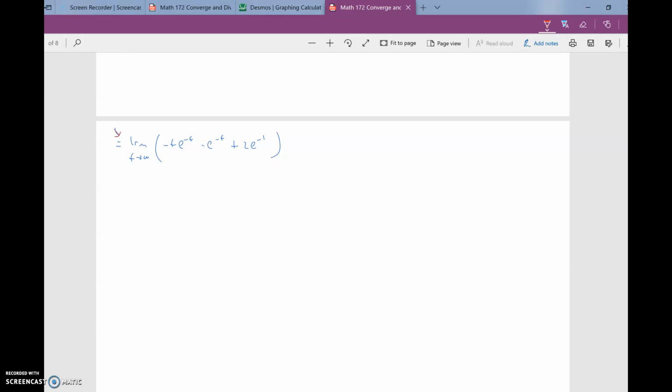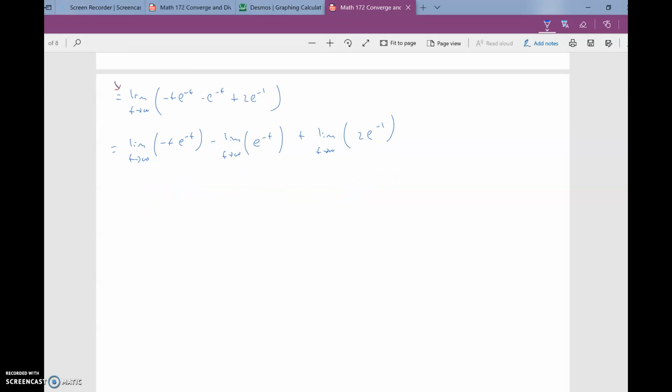So this is going to be equivalent to the actual limit as t approaches infinity of negative t e to the negative t, and then minus the limit as t approaches infinity of e to the negative t, and then plus the limit as t approaches infinity of 2 e to the negative 1.